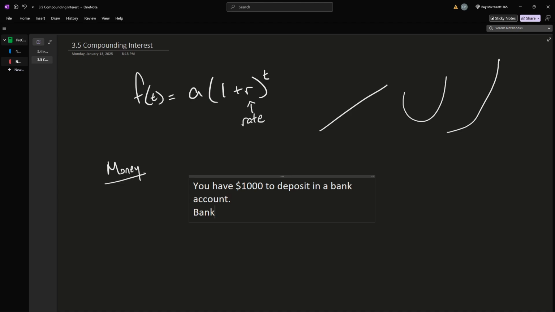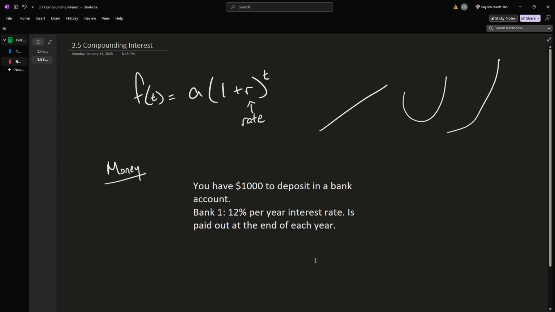So we have bank 1. It offers you a 12% per year interest rate. There's a lot of keywords here, which we'll talk about. And this is a per year interest rate, and this is paid out at the end of each year.